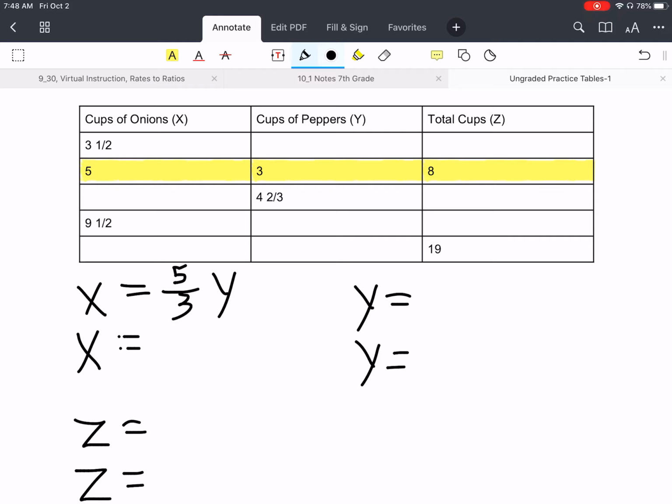We see that x has a value of 5, z has a total of 8, so x is equal to 5/8 of z. Moving on to y has a value of 3, x has a value of 5, so y is 3/5 of x. Y has a value of 3, z has a value of 8, so y is 3/8 of z.